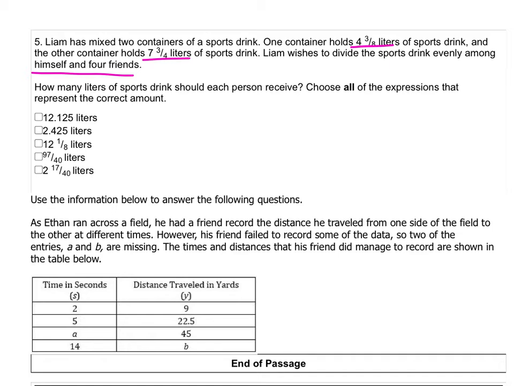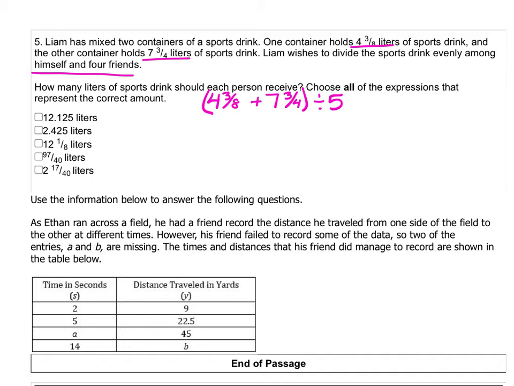So he's mixed 2 containers. One of them was 4 3/8, plus the other was 7 3/4. And whatever we get for that, he's dividing it evenly among himself and 4 friends. So when you include himself, he's dividing it between 5 people.